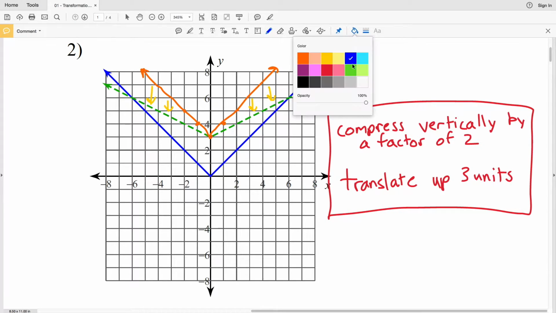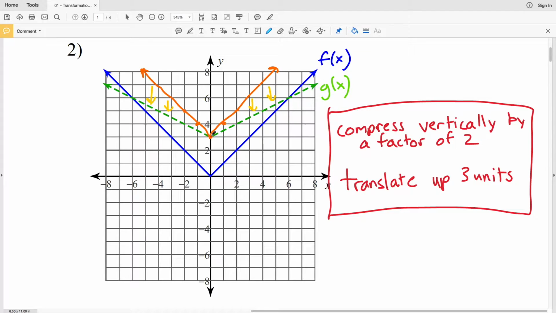And another way to think about compressing vertically, let's say that g of x had not been translated. So moving g of x down 3 units, g of x would have looked like this. And you can see from this graph that as opposed to having 2 for our y value of f of x, we now have 1. As opposed to having 4 as our y value, we have 2. As opposed to having 6, we have 3, and so on.